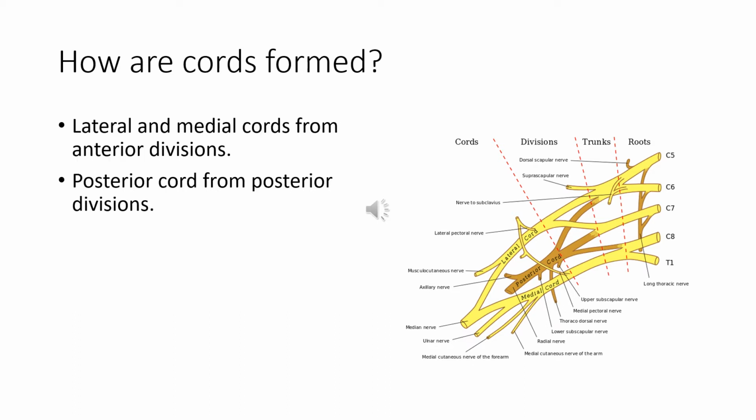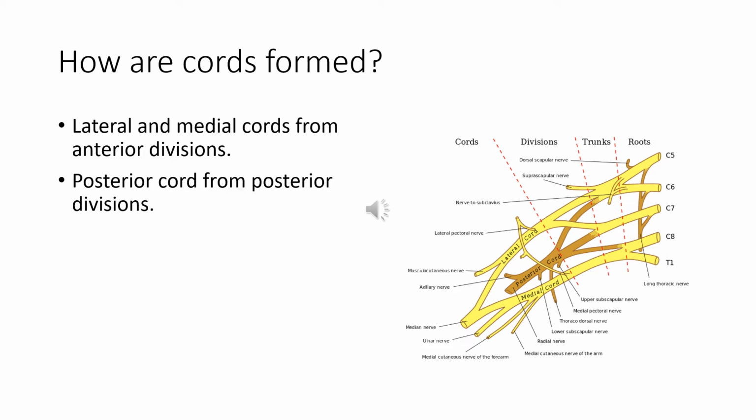Now let us see how the cords are formed. The lateral and medial cords are formed from the anterior divisions, while the posterior cord is formed from the posterior divisions.